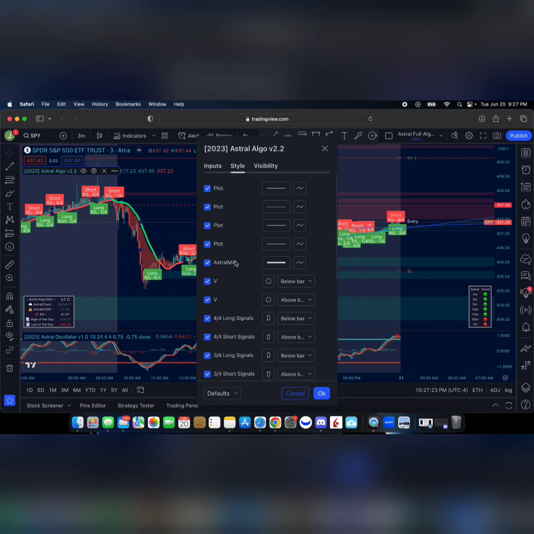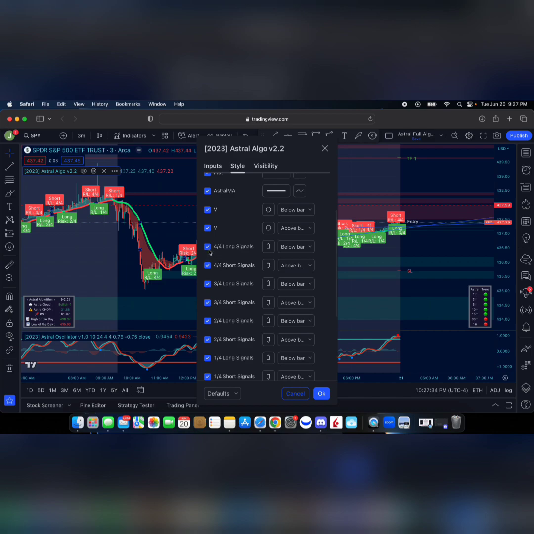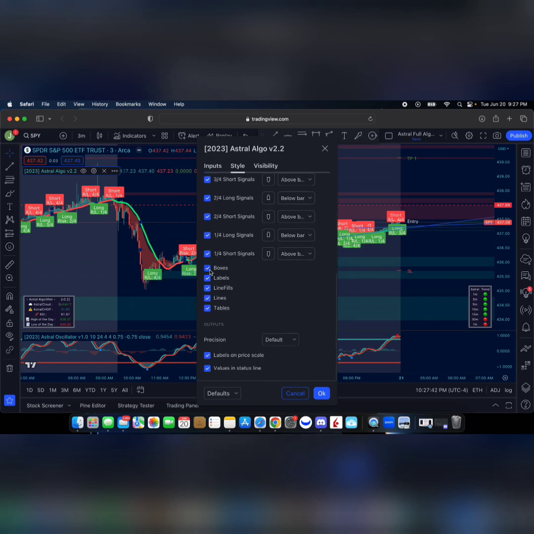Here's some plot, Astral MA, here's your trend bar, thickness, whatever style you like. Long and short signals, whatever style you want. You can take it all off, take it all on. And then if you want any boxes, you can remove all the boxes, labels. You can see on the right labels. Line fills, that's line fills over here.